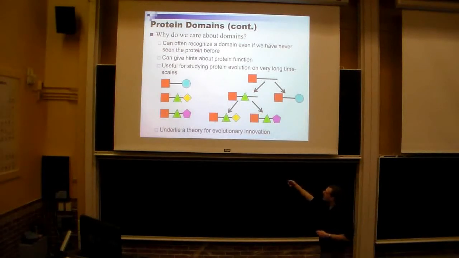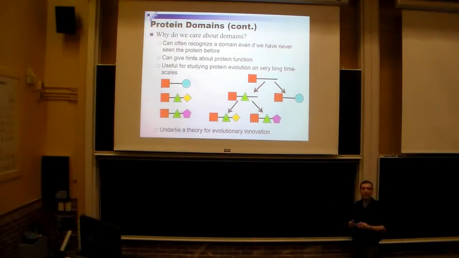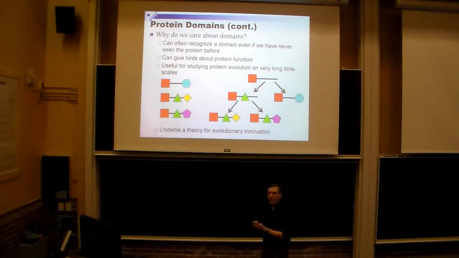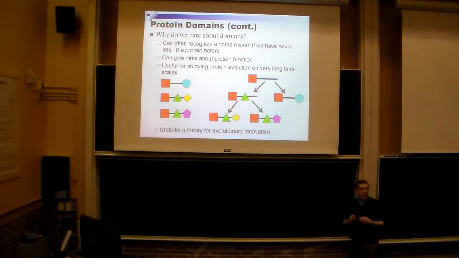It's also worth pointing out that there is a theory of evolutionary innovation, so how new functions can evolve in proteins, that depends on this notion of protein domains. And essentially the idea is that once we recognize that proteins tend to have these well-conserved domains, with particular functions to those domains, you can often come up with hypotheses for how new protein functions have evolved based on swapping of these domains among proteins.